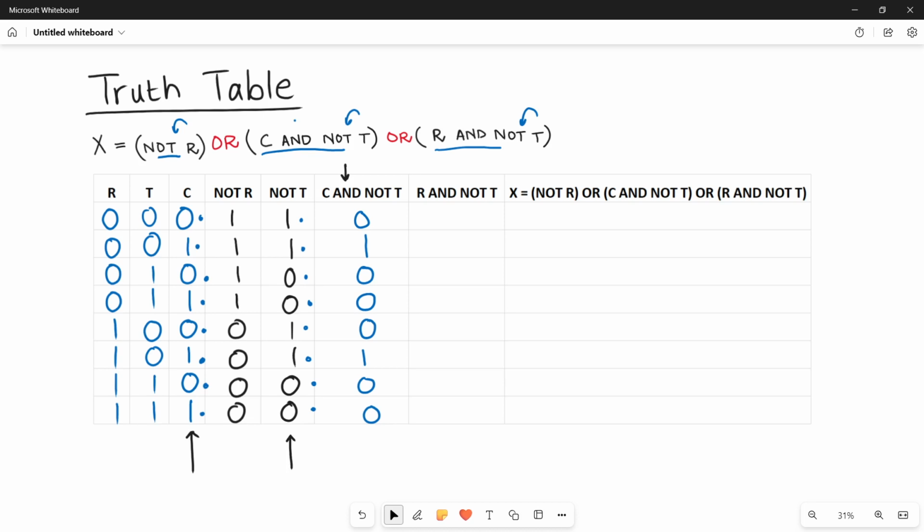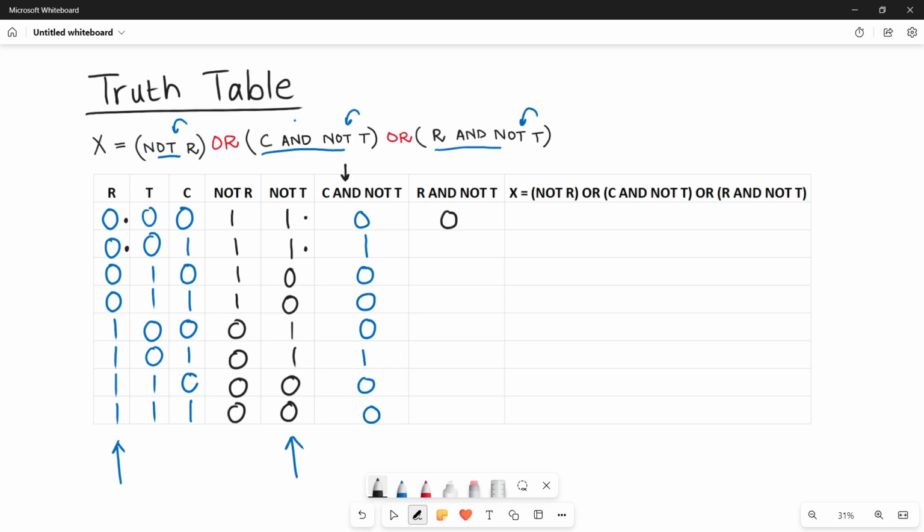Next, we have R and not T. Let me just quickly erase these dots. The columns we will consider are column R and column not T, and this time we will be doing binary multiplication between these two columns. So it is 0 into 1 is 0.